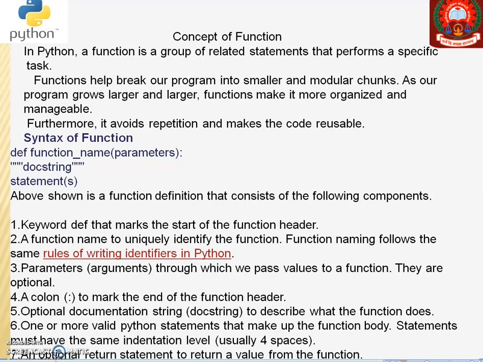So if you literally write the program, then its length will be 100 lines. But if you implement the concept of function, then what happens? I have told you, we want to perform the addition of two numbers in the program about 10 times. So 10 times you have to write. Automatically its length will be increased.